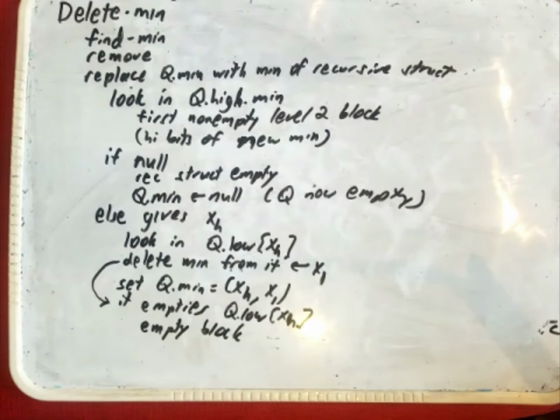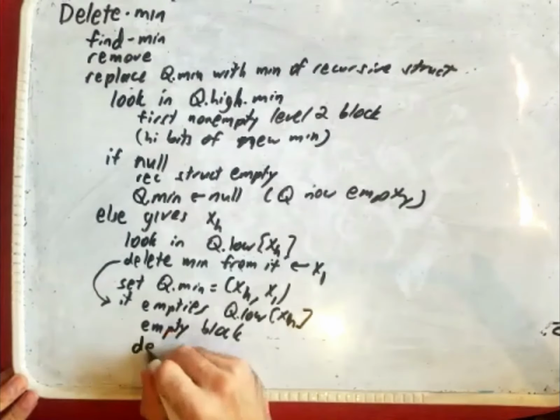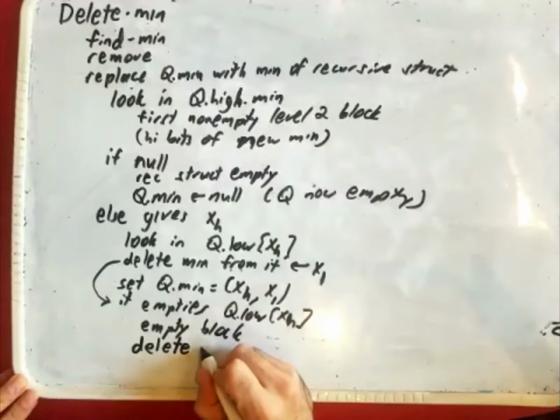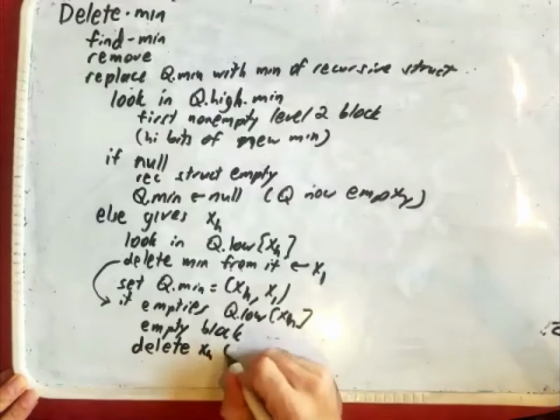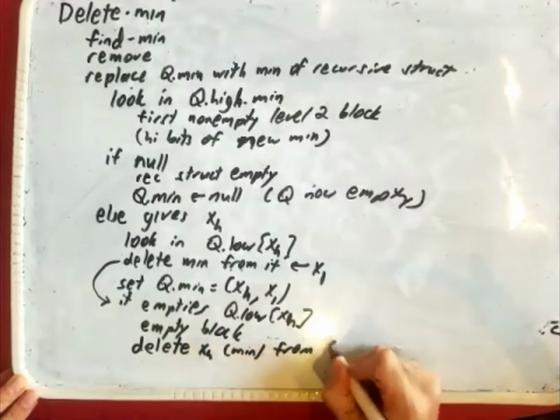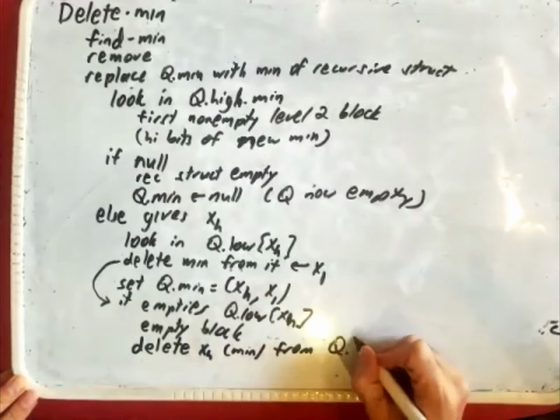Delete x_h from q.high. Exactly. There's no longer anything in that block, so I have to delete x_h, which is the min, from q.high.